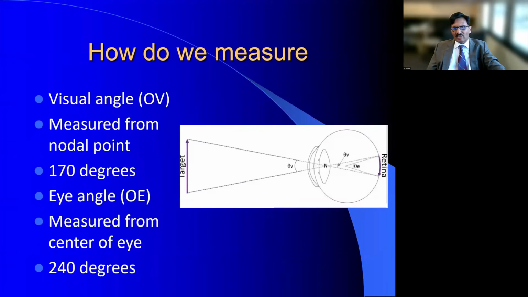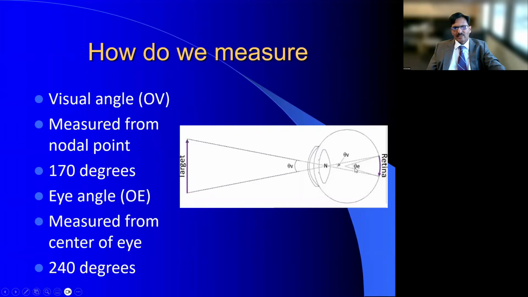So this is a picture that illustrates what I just mentioned. As you can see, the target, the nodal angle, which is basically the visual angle, sigma v, is what is shown here. And whatever you measure from there is the visual angle.